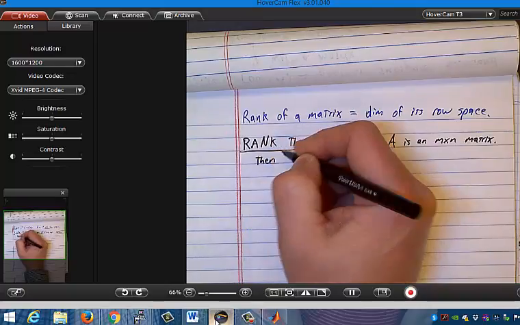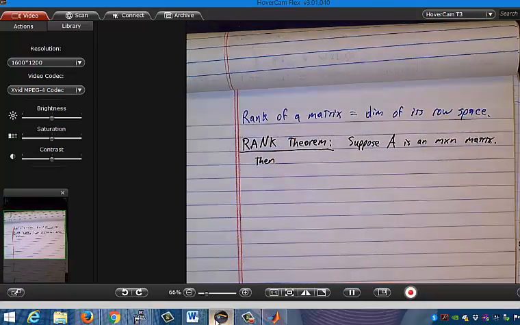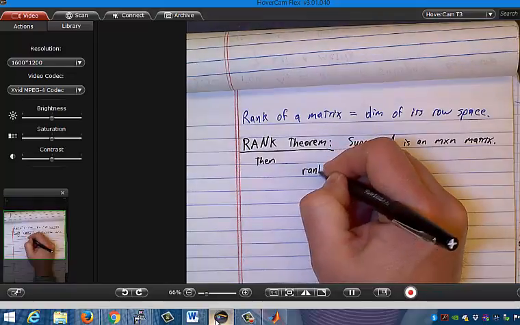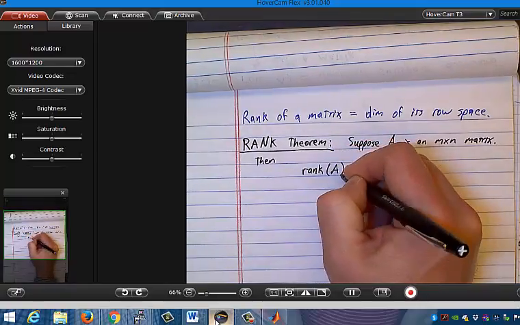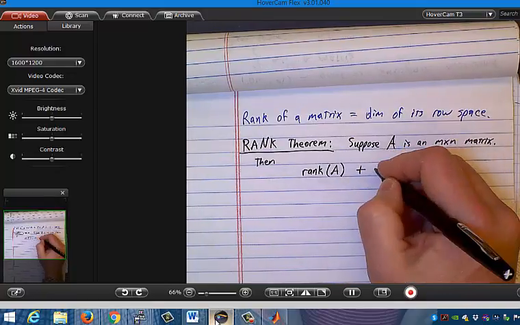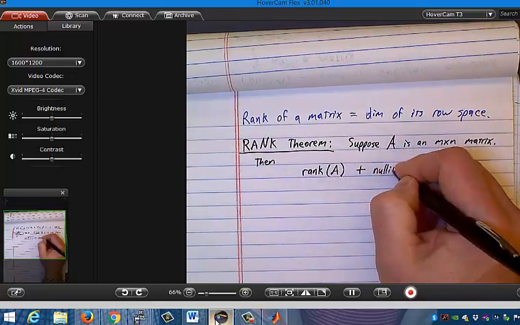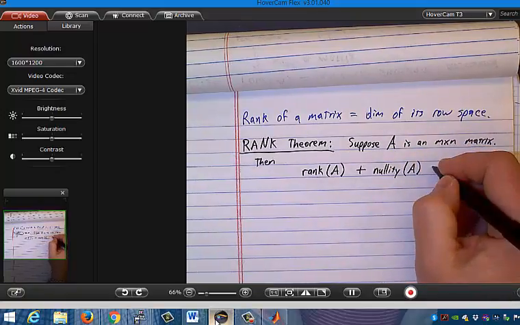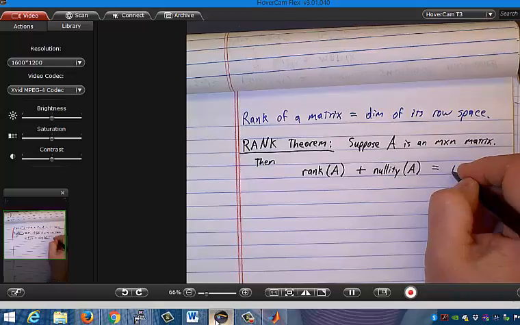Then the following is true. The rank of A plus what is called the nullity of A has to equal n.